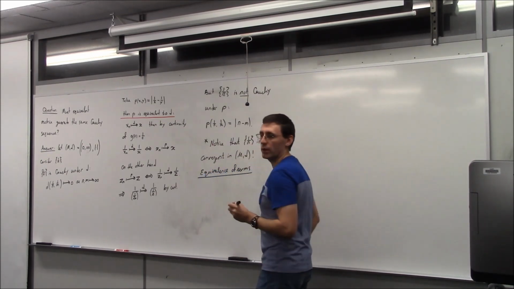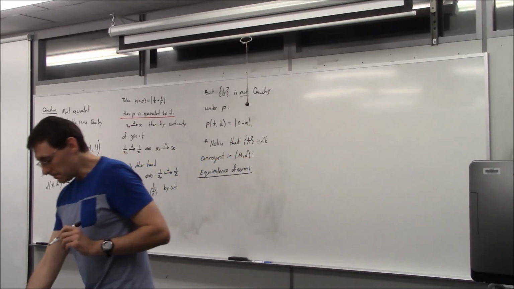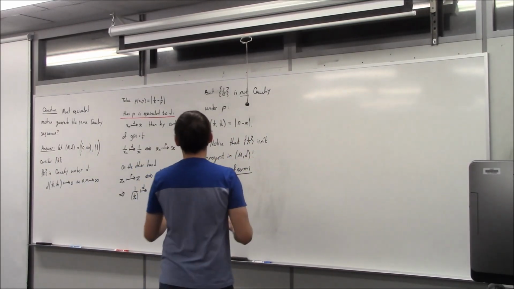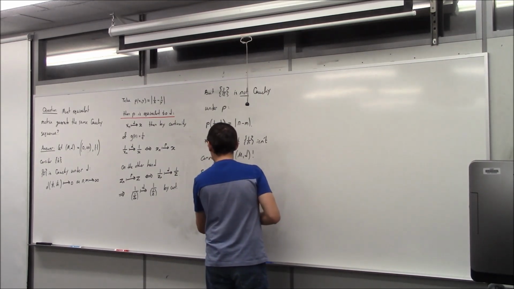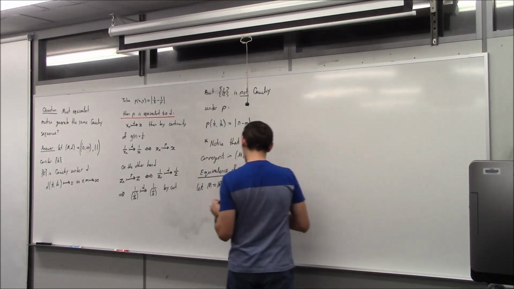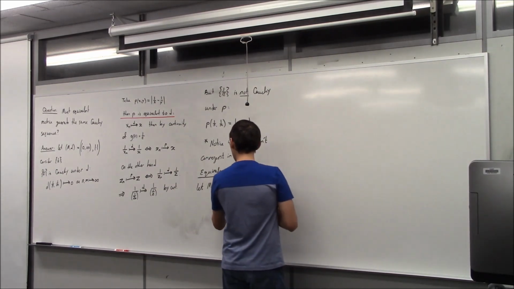Okay, equivalence of norms. For that, let M be equal to, say, R^n. Then we have the following.